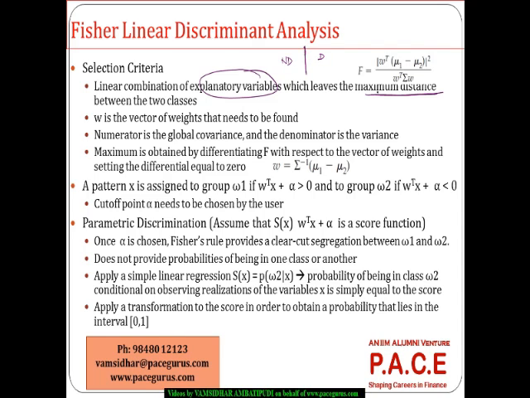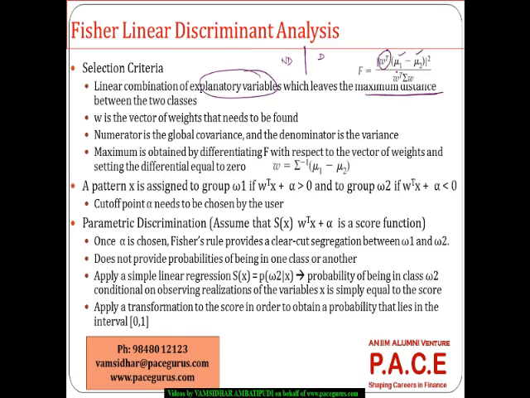So this is where I am talking about mu1, the mean of the first class, and mu2, the mean of the second class, and I am multiplying this with the transpose of W. I'm looking at the weights.